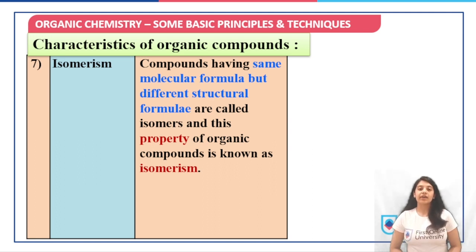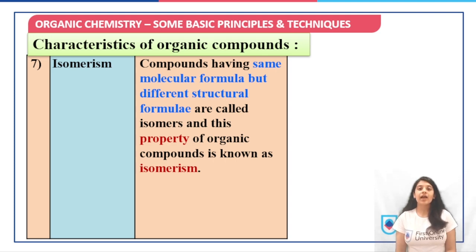So if we have the same molecular formula, say I have C3H8, that would correspond to propane. But if I have C4H10, this C4H10 can correspond to butane, or it can also correspond to isobutane.